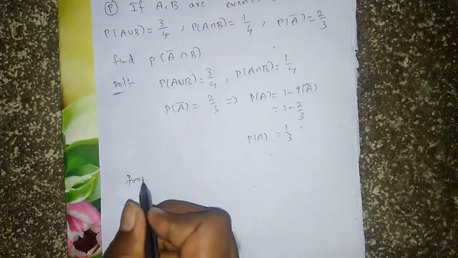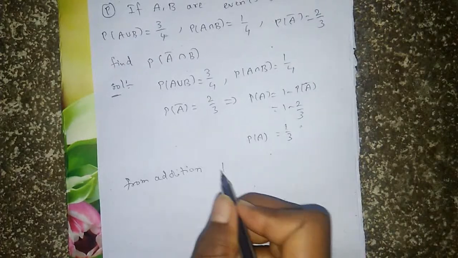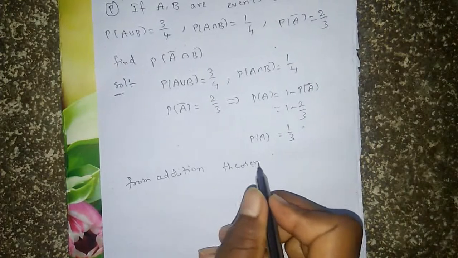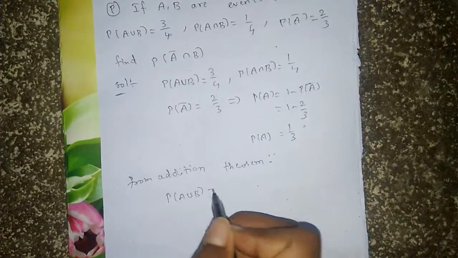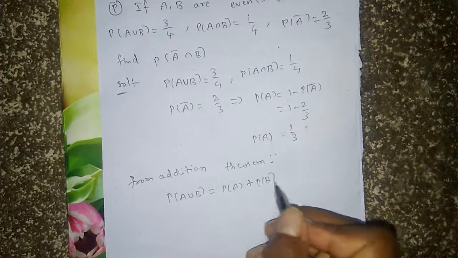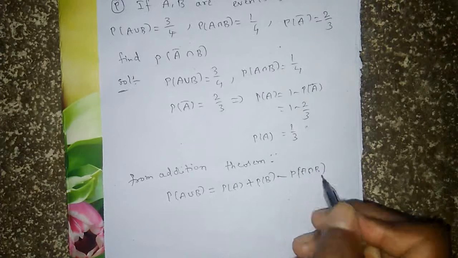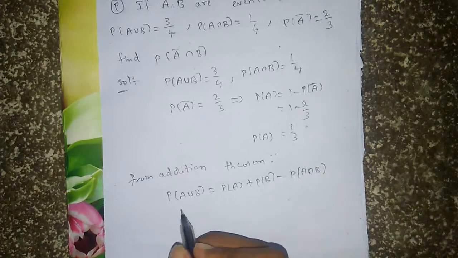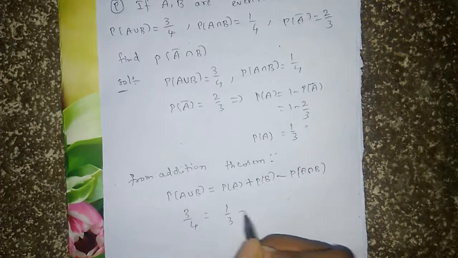Now from addition theorem of probability, P of A union B is equal to P of A plus P of B minus P of A intersection B. Here P of A union B is 3 by 4, P of A is 1 by 3.